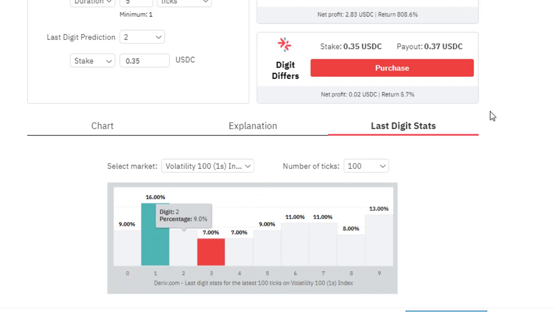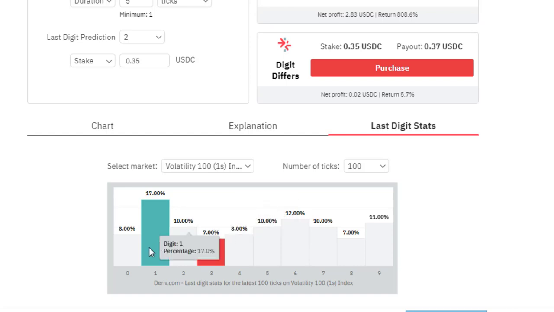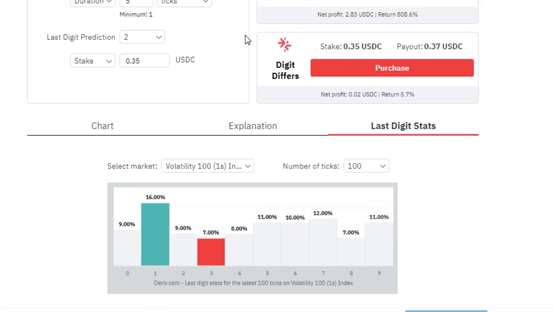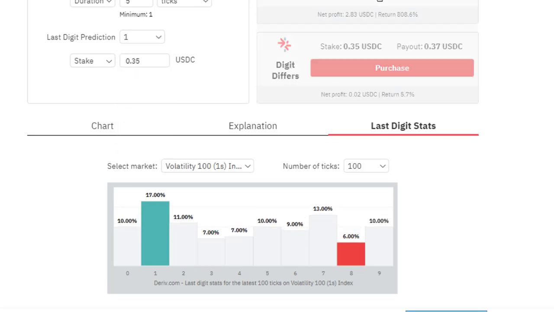So what you want to do is trade the one that comes out the highest. And you can see that it's still green. It's been coming out for a while now. It has not changed. So if I had placed 5 ticks now, I would have made profit. So let's try that.